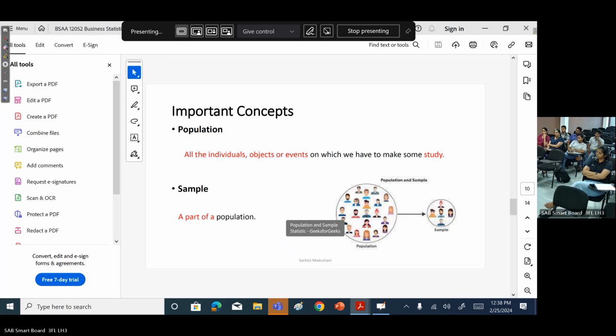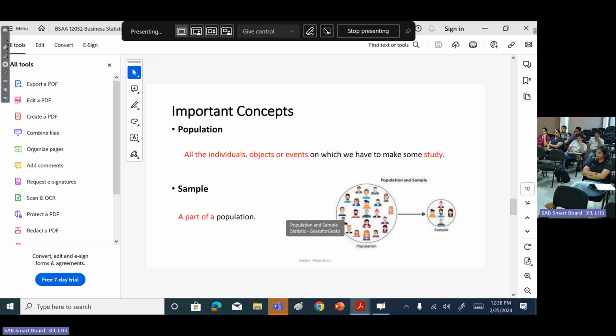Population. Understood? Say I want to do a study about sewing girls in the garment sector in Sri Lanka. Then all the sewing girls in Sri Lanka are my population. Understood? All the individuals.